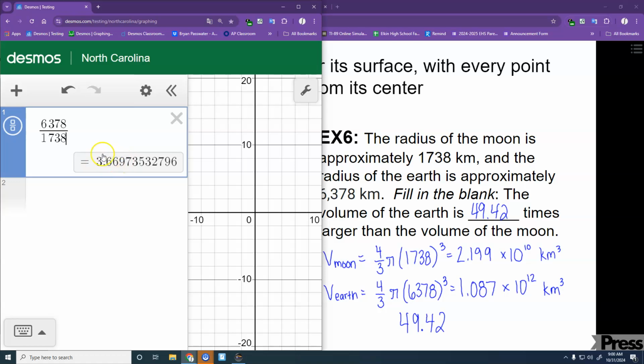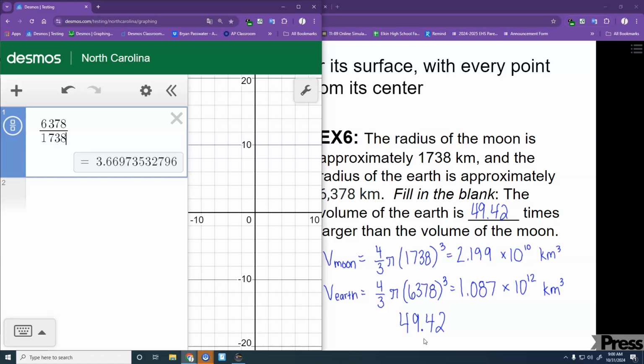It's less than 4 times, right? So the radii are only a little more than 3 times bigger, but the volume is 49 times bigger.